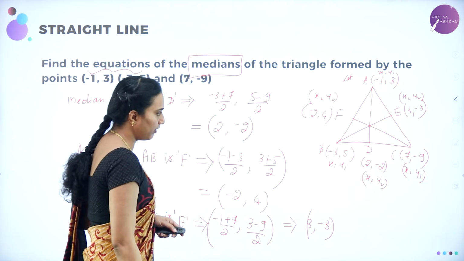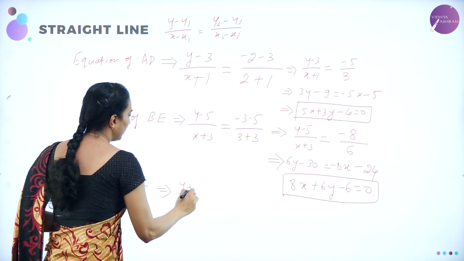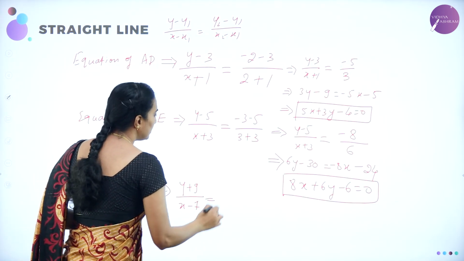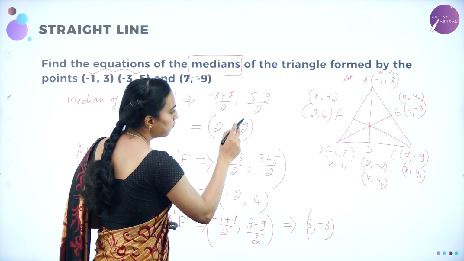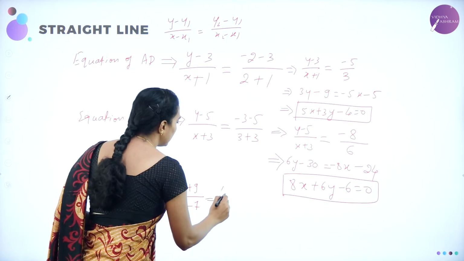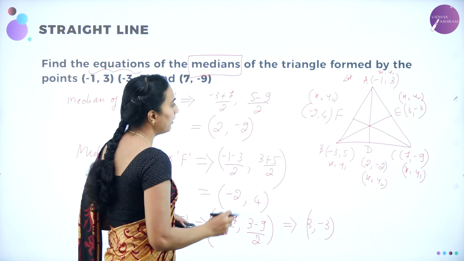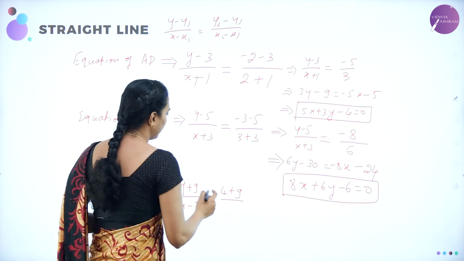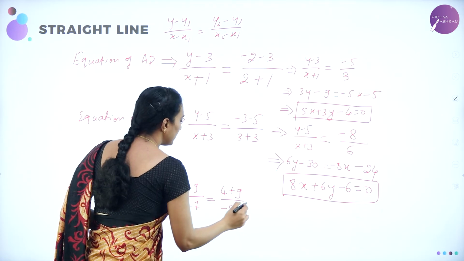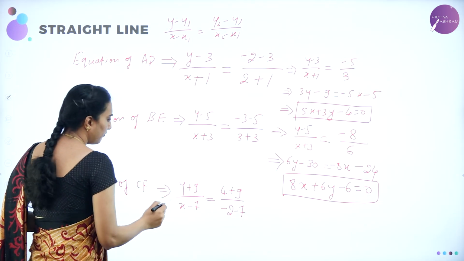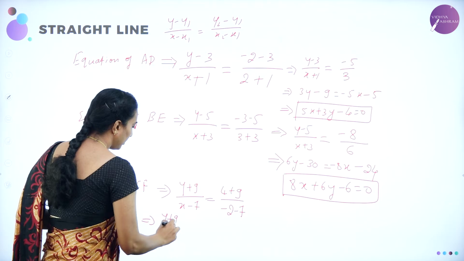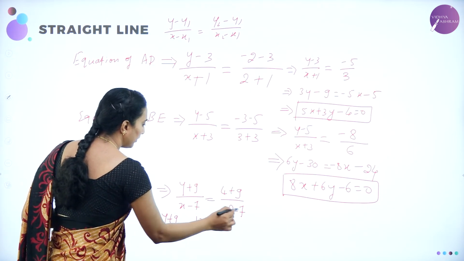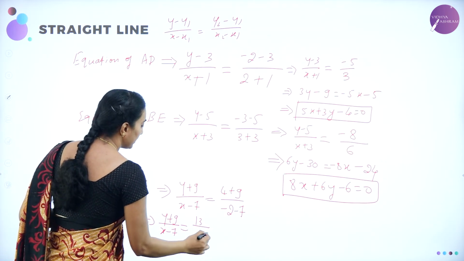So (y minus y1), that is y plus 9, divided by (x minus x1), that is x minus 7, is equal to (y2 minus y1), that is 4 minus of -9, which is 4 plus 9, divided by (x2 minus x1), which is -2 minus 7. Which implies (y plus 9) divided by (x minus 7) is equal to 13 divided by -9.